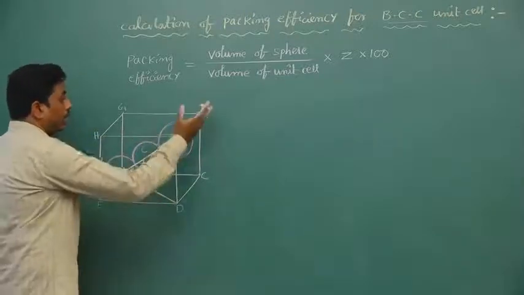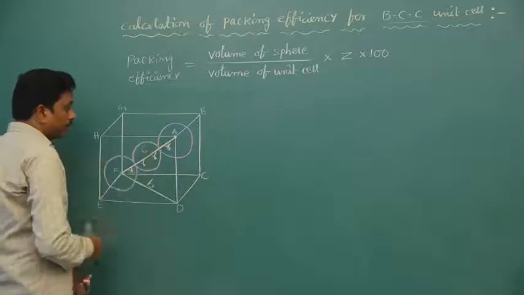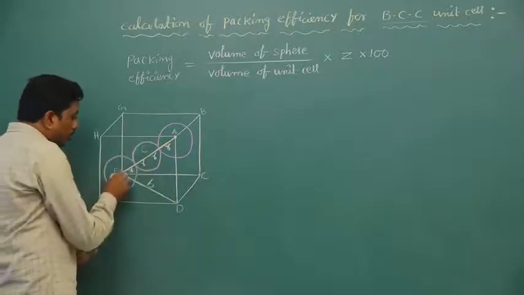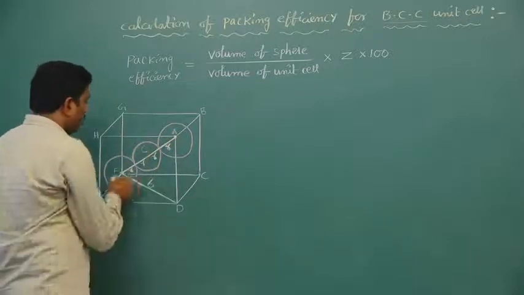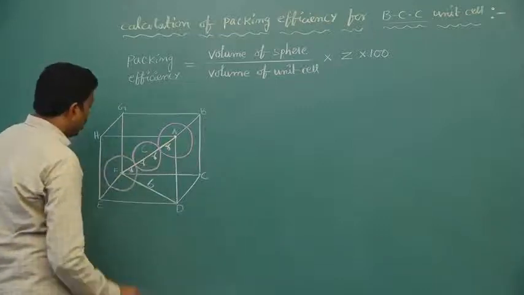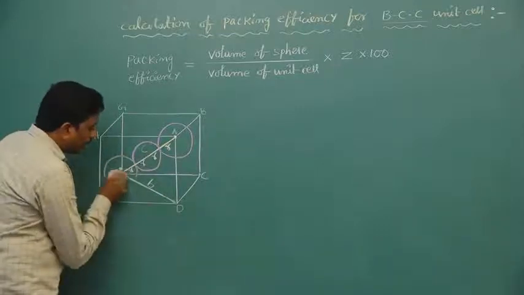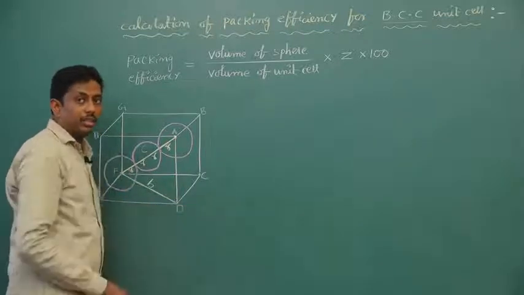Three spheres are in contact. This sphere is in the middle. And this body diagonal I am representing with letter C. From here to here, the distance is called the face diagonal. We already observed this in the FCC calculation.